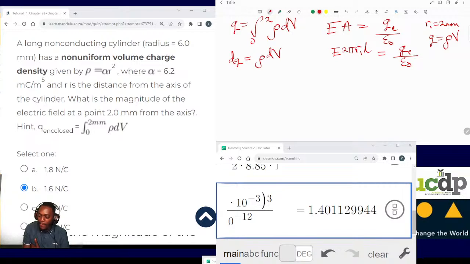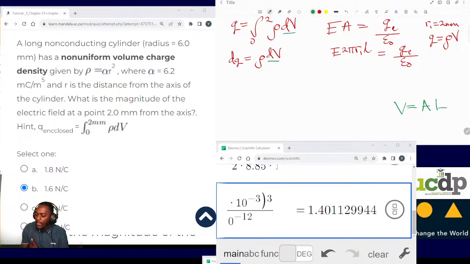But then we realize that this dV, we're not given. So we are now supposed to use our knowledge to say, okay, by the way, volume is equal to the area times the length.